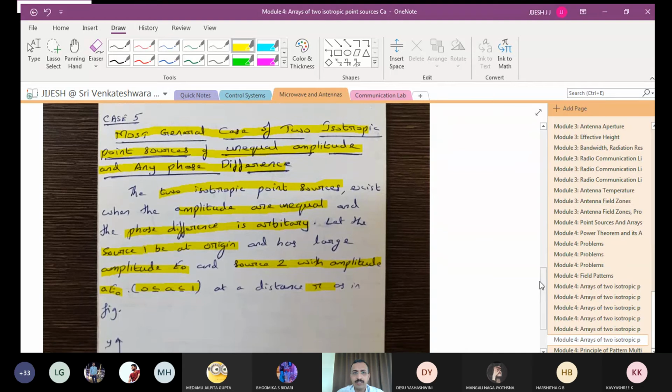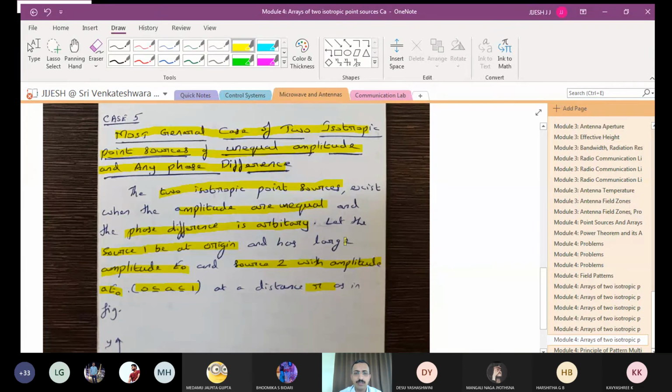You can make a note of it: case 5, the most general case of two isotropic point sources of unequal amplitude and any phase difference. We are going to consider two isotropic sources whose amplitudes are unequal, and the phase difference is arbitrary. So we are not specific with respect to the phase. It can be any phase difference and any amplitude.